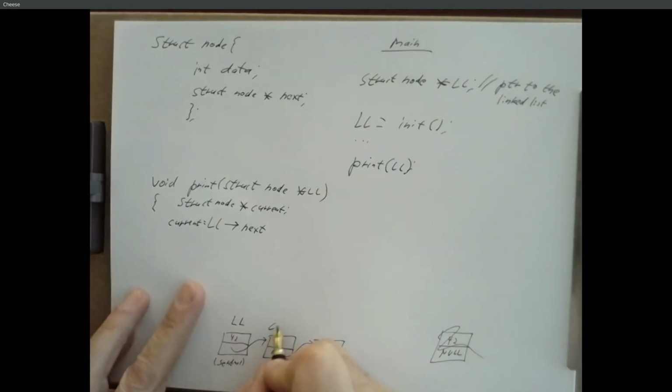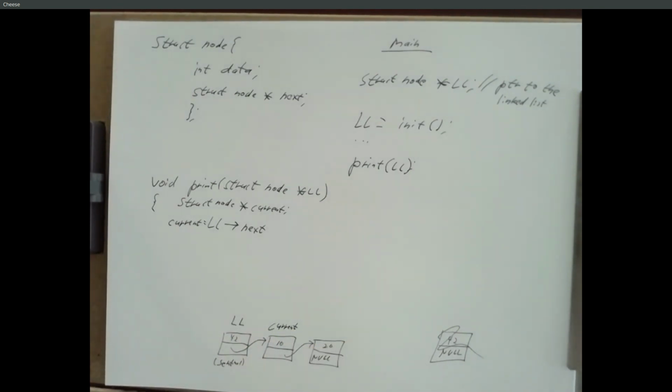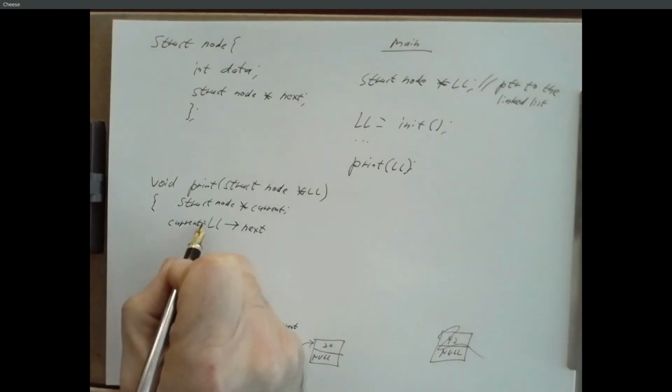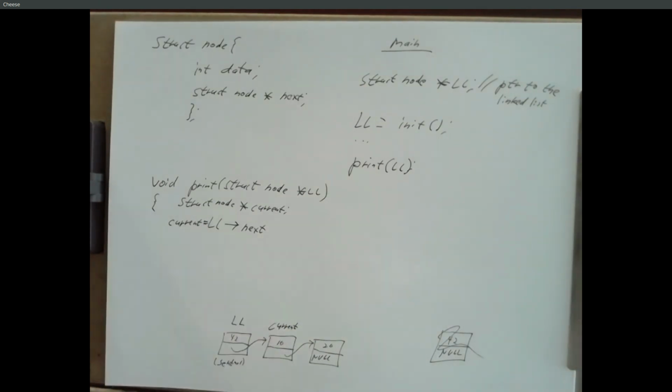So now I'm going to write current above this node. And we want current to be a structure. It's a struct pointer to a structure.